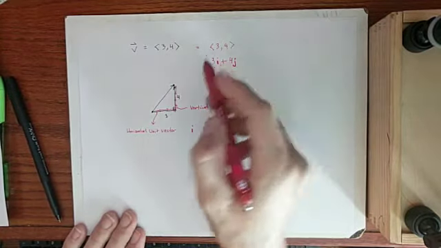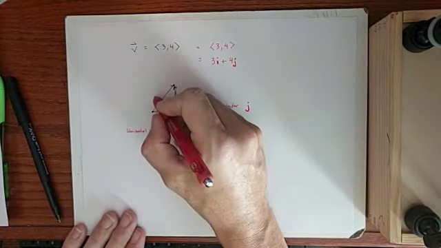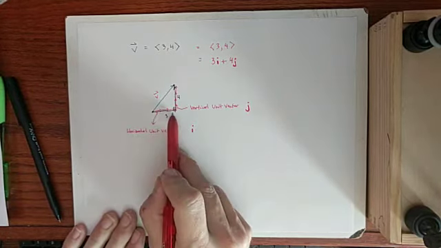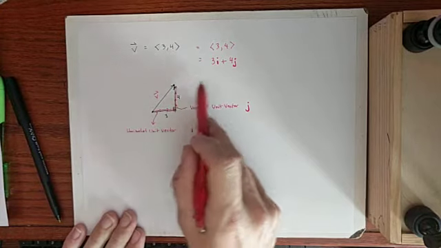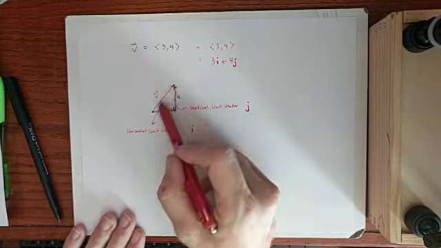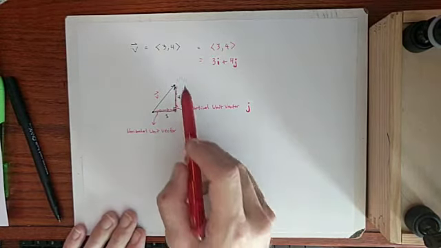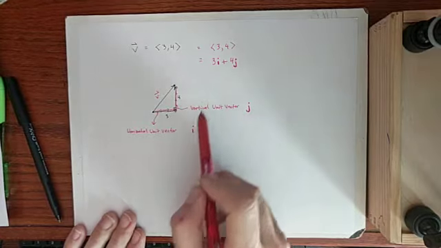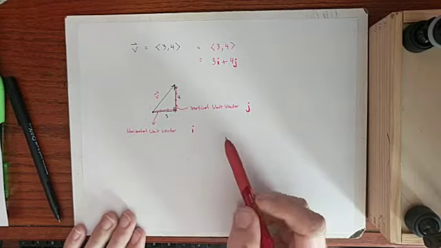Okay, so you can get vector V by taking 3 i's and adding 4 j's together. Okay, so again, that's a vector that is written in component form, but this is written in terms of its unit vectors in the horizontal and vertical directions.